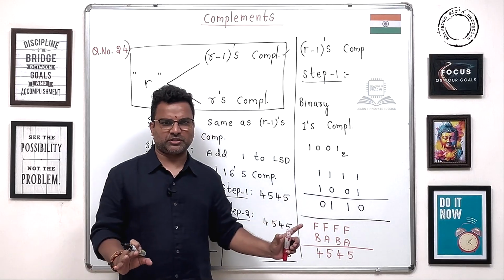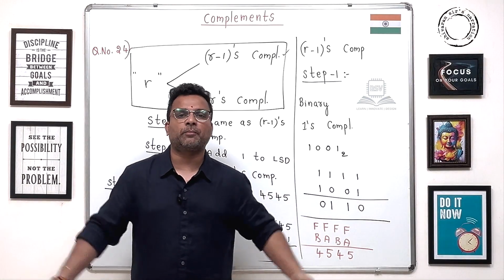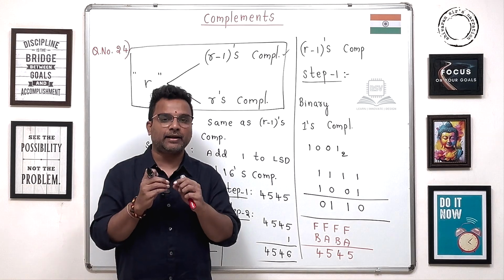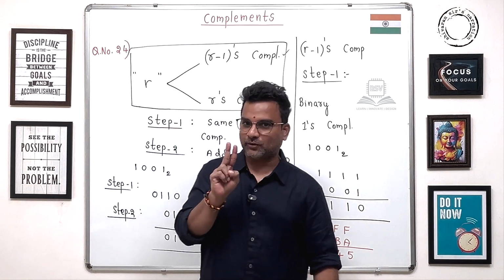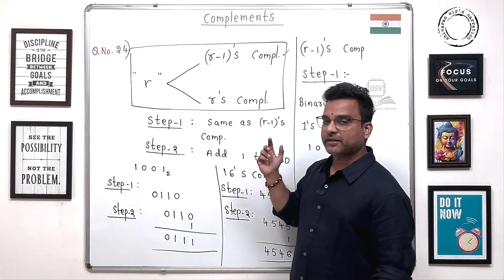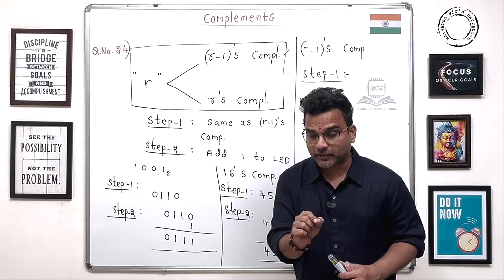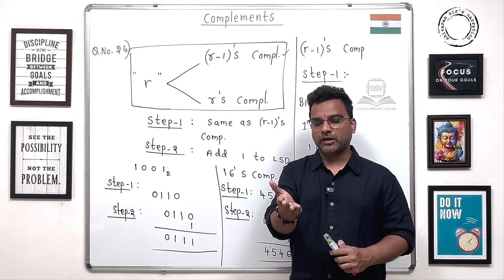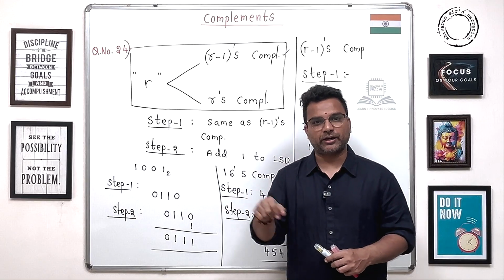This is the only procedure. Then you can calculate 3's complement, 4's complement, 5's complement, 6's complement, any complement. Remember, a number system has only two complements, R minus 1's complement and R's complement. They may test you in interviews. Can you calculate the 8's complement for 1003 base 10?